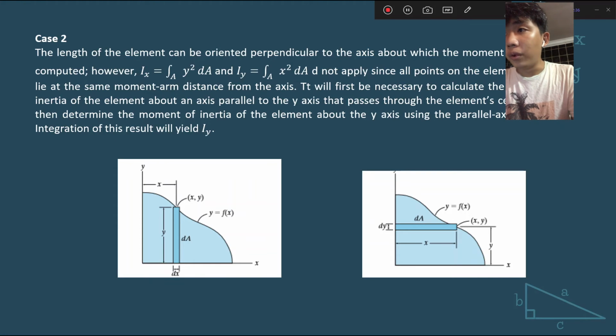It will be necessary to calculate the moment of inertia of the element about an axis parallel to the y-axis and passing through the element centroid, and then determine the moment of inertia of the element about the y-axis using the parallel axis theorem.